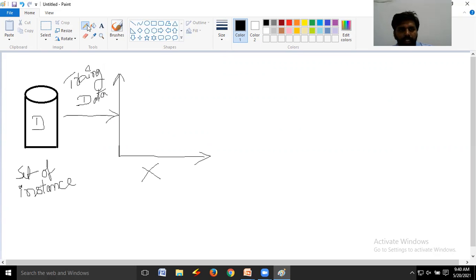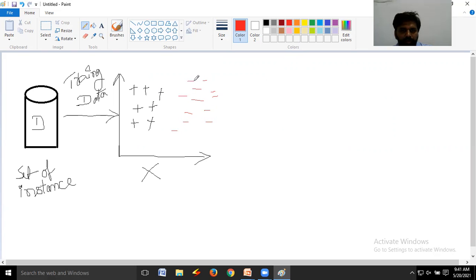Here the instances appear like this. Here plus indicates positive class instances, assume like this. And this minus represents negative instances in the training data set.